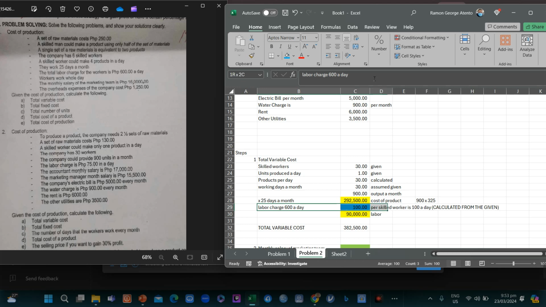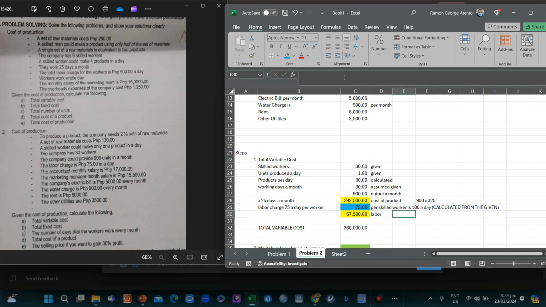Labor charge. So this is not important anymore. The labor charge is 75 a day per worker. So 75 multiplied by, wait, how come it's not there? 75 times 30 times 30.